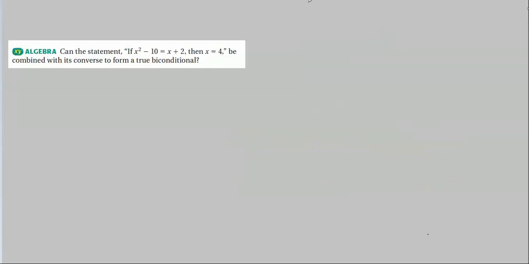This one we can do pretty quick, I'd say. If we rearrange this, we should get x squared minus x minus 12 equals 0. Now we have our standard quadratic, and we can factor this. We need factors of 12 that add up to minus 1, which would be minus 4 and 3.